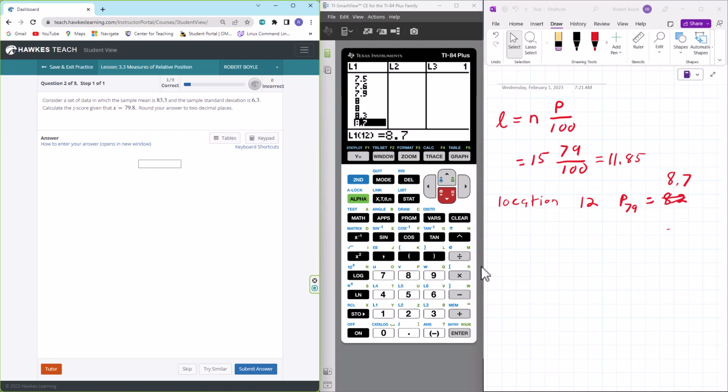Remember, the z-score is the number of standard deviations away from the mean, and that's going to be equal to x minus x bar, the sample mean, divided by s, which is the standard deviation. x happens to be 79.8. Okay, sample mean is 88.3, divided by 6.3.